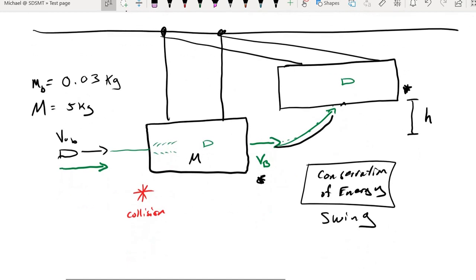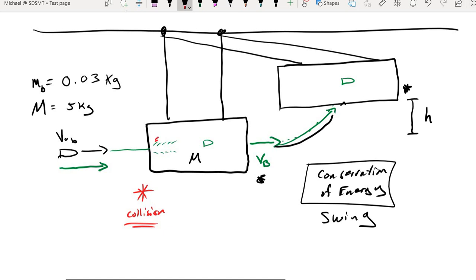However, during the actual collision, that's where we expect a whole lot of heat generation to occur as this bullet is digging its way through the log. So there's definitely going to be a lot of heat generation during that collision.